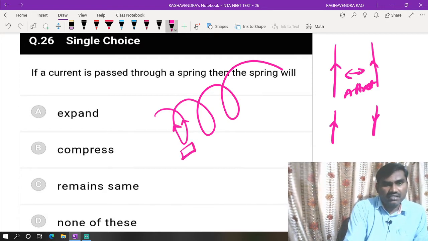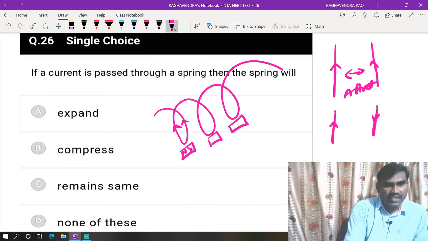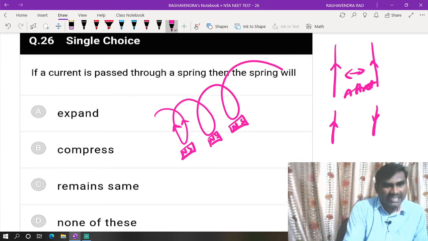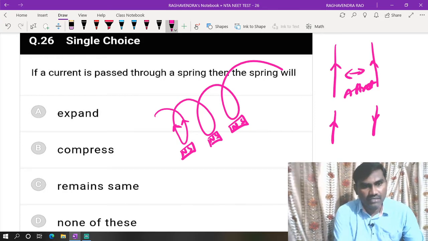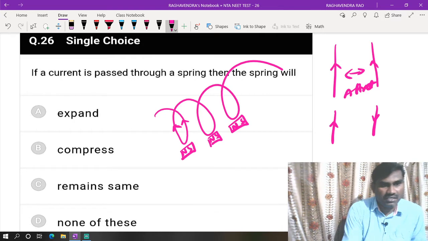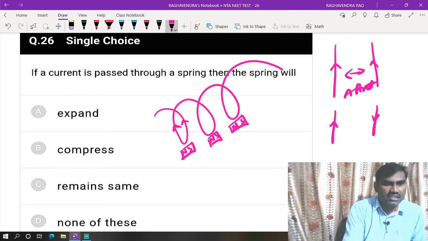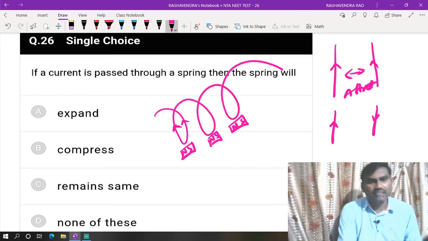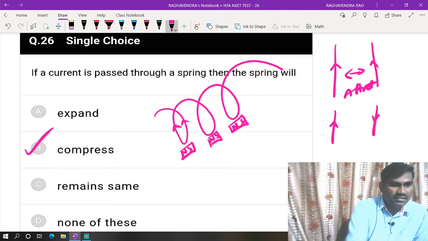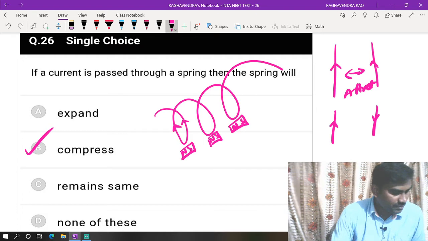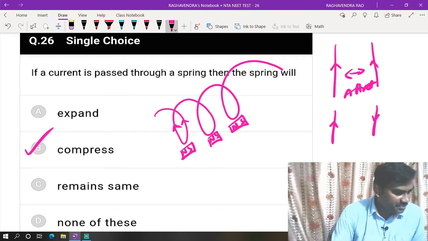That means every loop acts as a small magnet, N and S. Because the current flows in the same direction in neighboring coils, there will be attraction between the coils, and every coil acts as a tiny magnet. Because of the attractive force, they will compress. Compress, option B.